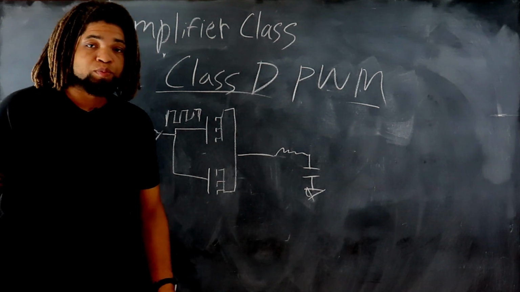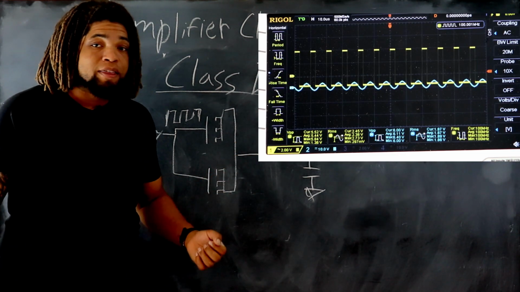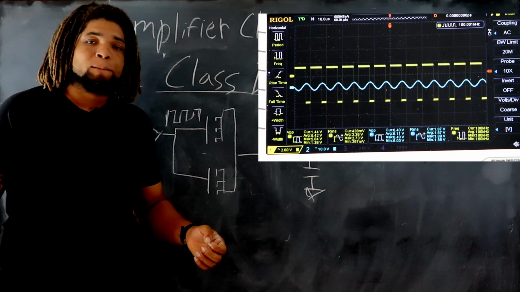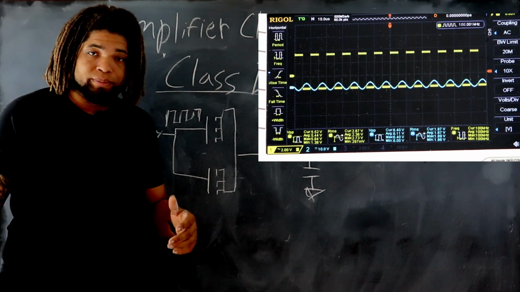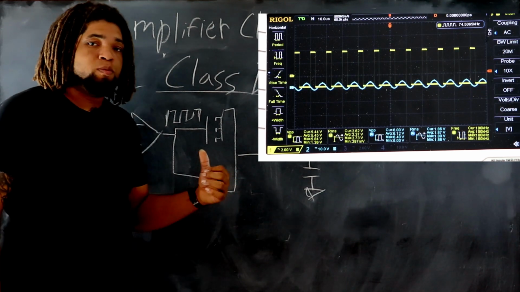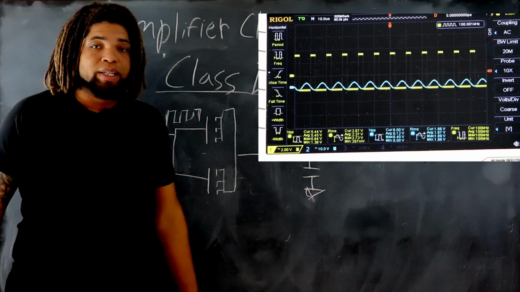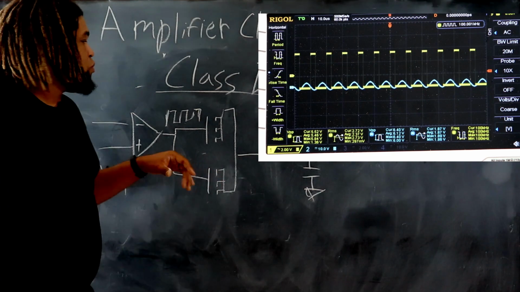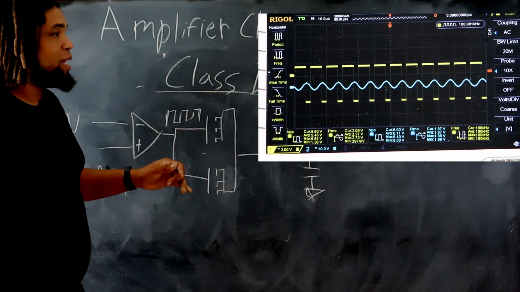Now, if you look here, I have an example of how this pulse width modulation works. So what I have here is my function generator going into my oscilloscope, and I have a sine wave coming in, which would replicate our input signal, which is very small, which then gets turned into this square wave with the input signal injected into it.